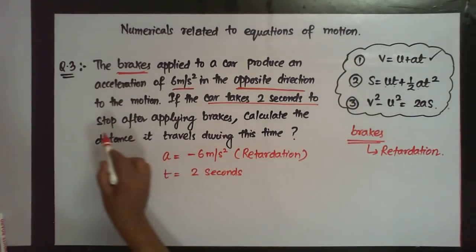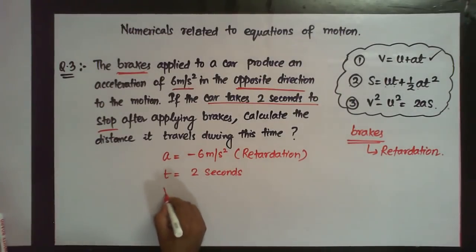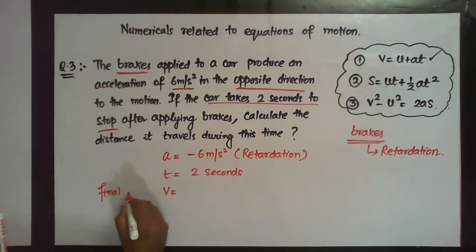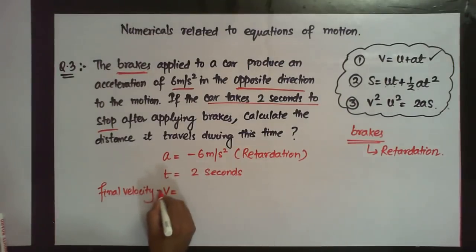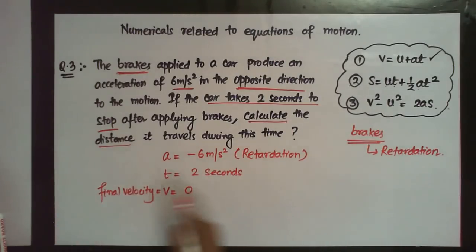To stop means finally the car is going to come to rest. So final velocity of the car is 0. Calculate the distance it travels during this time. So we need to find out S.